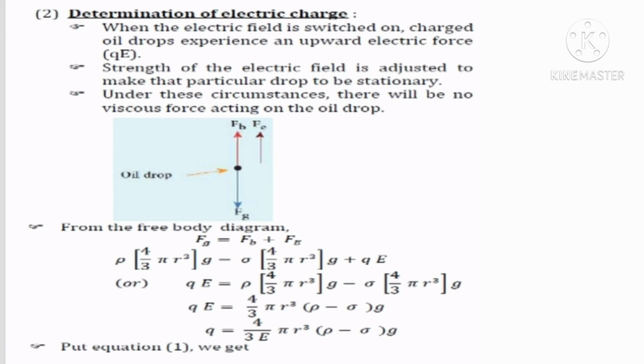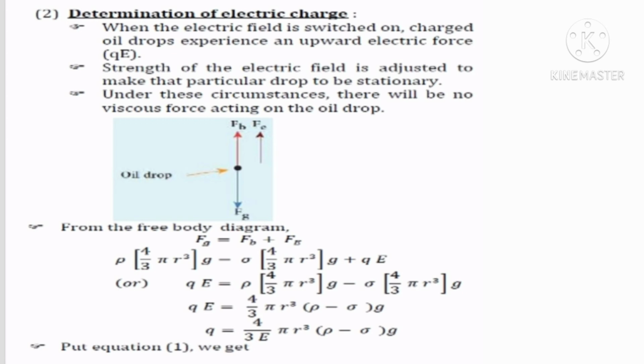From the free body diagram, we can write Fg is equal to Fb plus Fe, which is equal to rho into 4 by 3 pi r cube into g is equal to sigma into 4 by 3 pi r cube into g plus q into E, where q into E is equal to rho into 4 by 3 pi r cube into g minus sigma into 4 by 3 pi r cube into g.